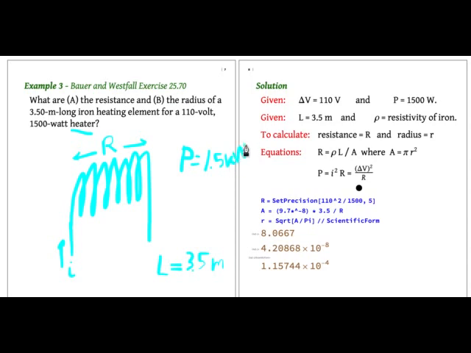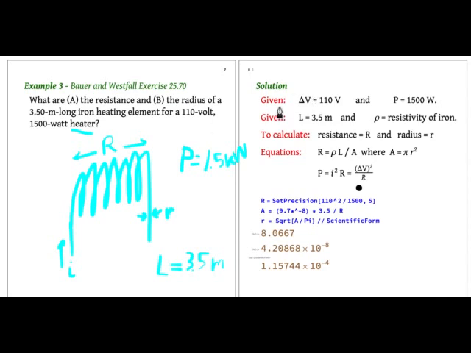So you're given various information. You're given the length, you're given the power. You're not given the radius of the wire. Let's call the radius of the wire little r. In fact, that's question B. So in a problem like this, we need to write down what we know, and we need to write down what the equations are.